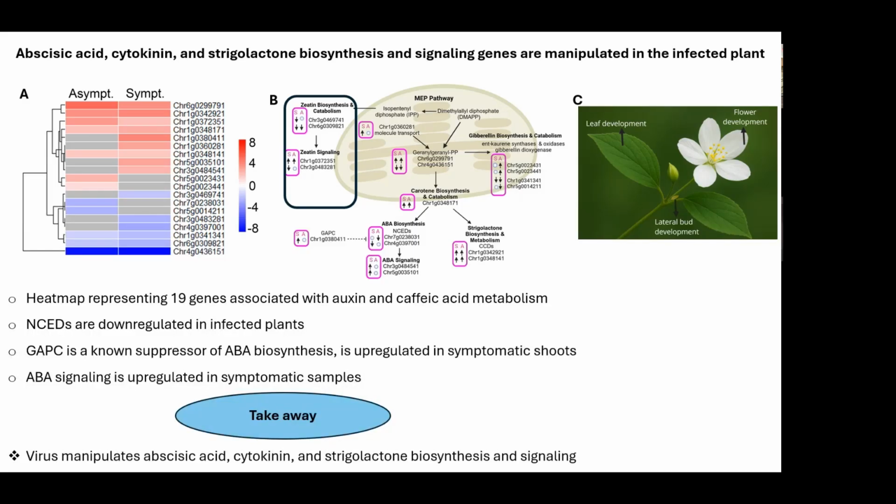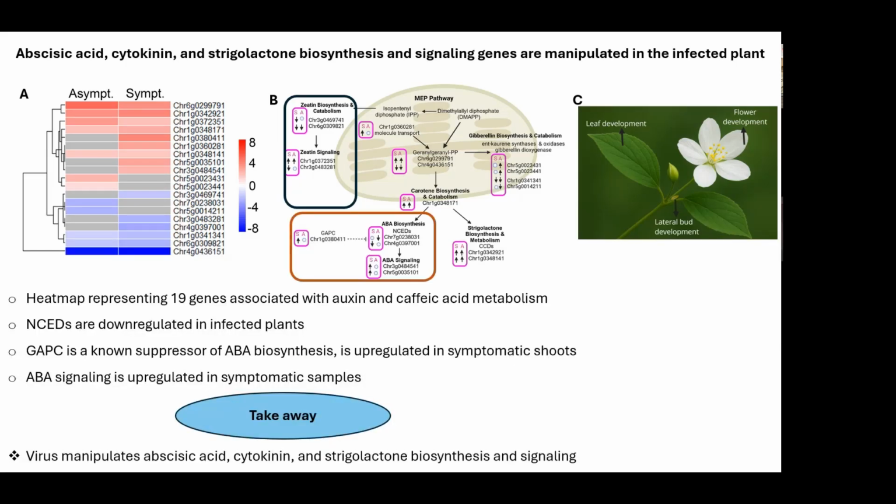When you look at the biosynthesis of cytokinin, or zeatin, you can see some of these genes are downregulated. And the surprising part is that because we see them downregulated in biosynthesis, we expect signaling to be downregulated as well. But surprisingly, it is upregulated.